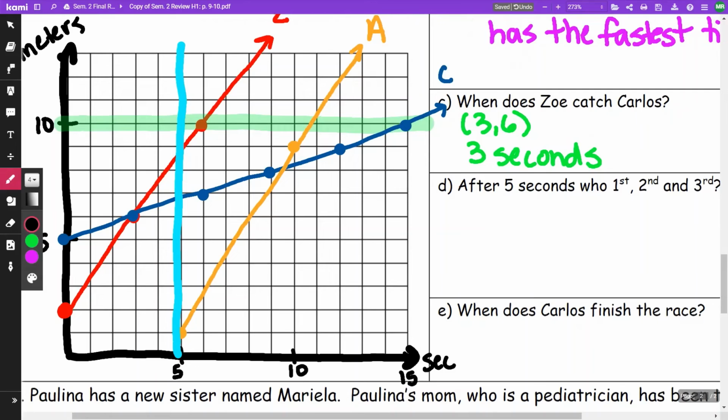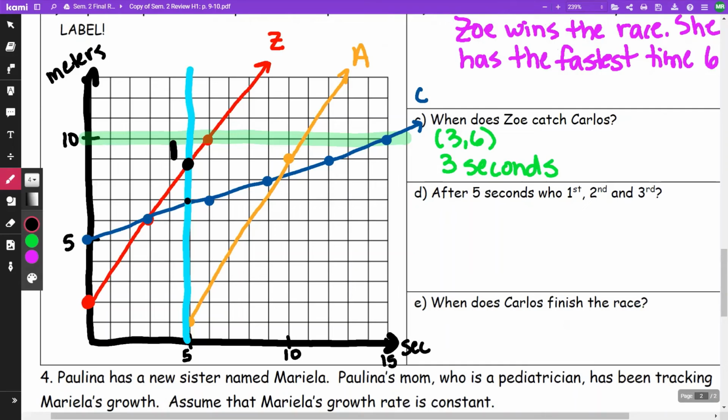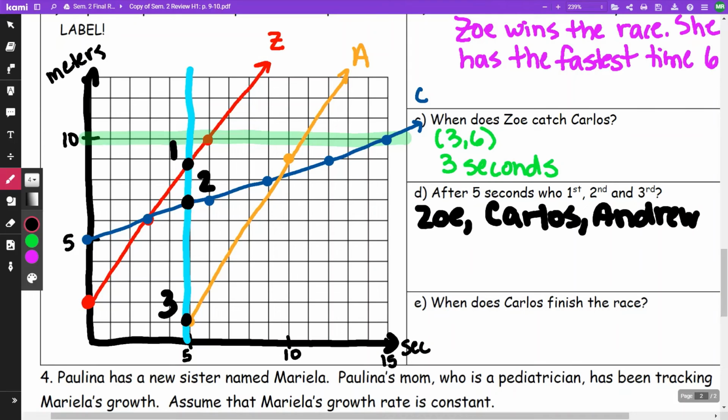This right here is Zoe, who's first. This is Carlos, who's second. And this is Andrew, who's third. So it's Zoe, then Carlos, then Andrew, because Zoe is closest to the 10, Carlos is second closest, and Andrew is the furthest away.